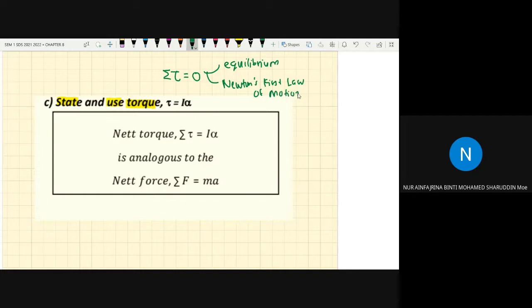But now we are going to look at when torque equals moment of inertia times angular acceleration. So you need to state torque.